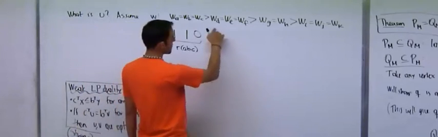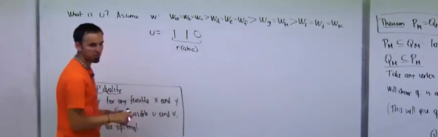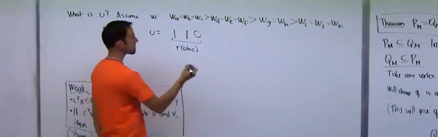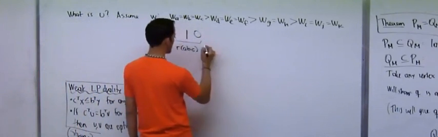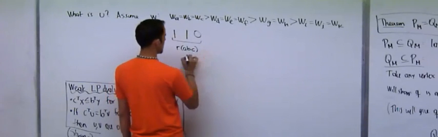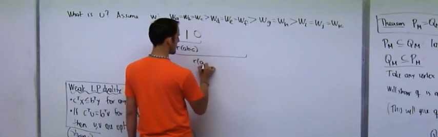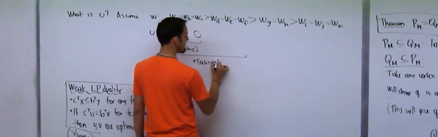Then I go to D, E, and F, which are the next most expensive things, and I choose as many as I can. Okay? How many can I choose? Well, basically, I can choose at most rank of A, B, C, D, E, F guys here.